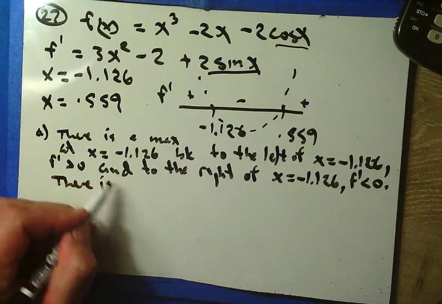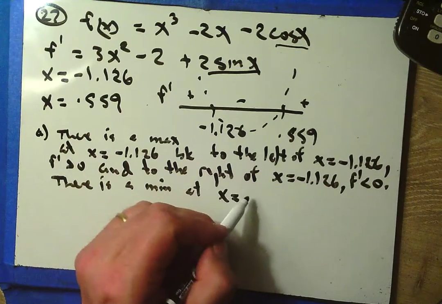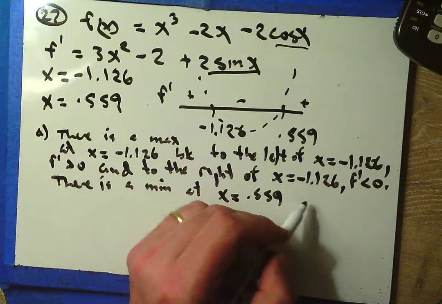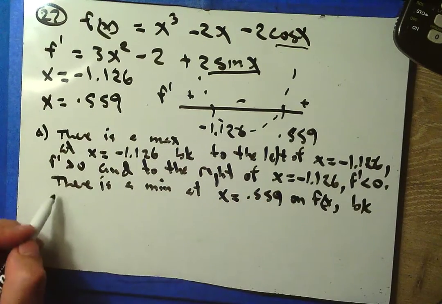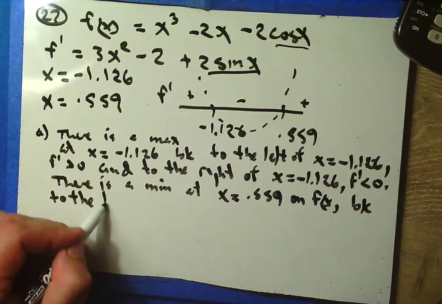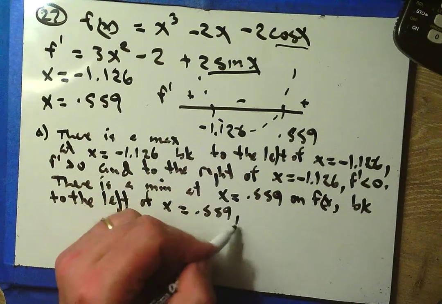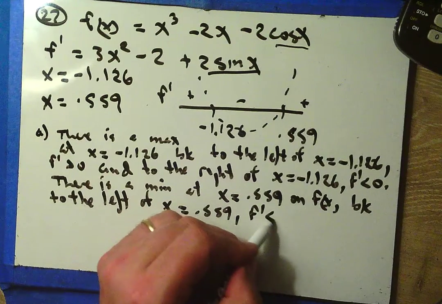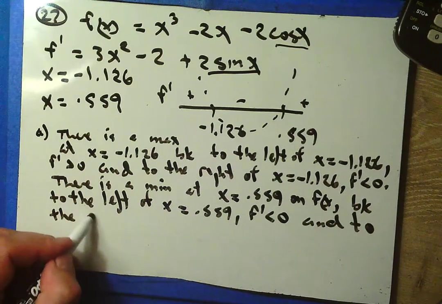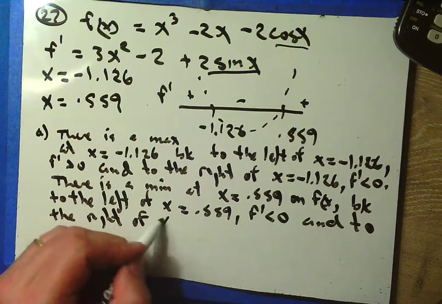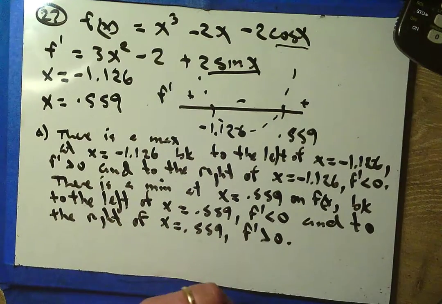There is a min at x equals 0.559 on f of x because to the left of x equals 0.559, f prime is less than 0, and to the right of x equals 0.559, f prime is greater than 0.